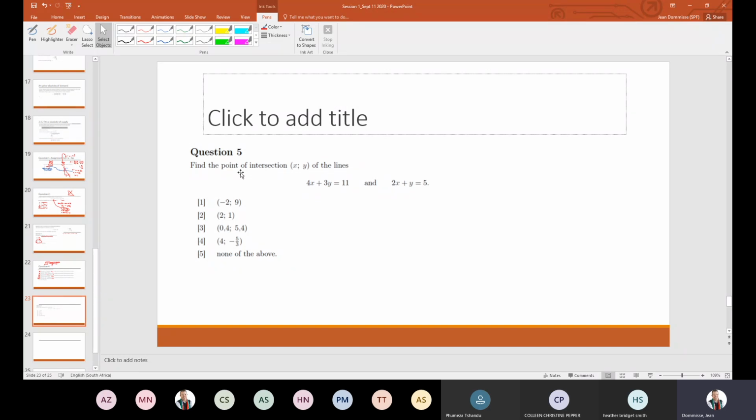Okay, so basically, point of intersection is nearly like your point of equilibrium. Okay, let's first do that. Yeah, both positive. I'm also not sure.